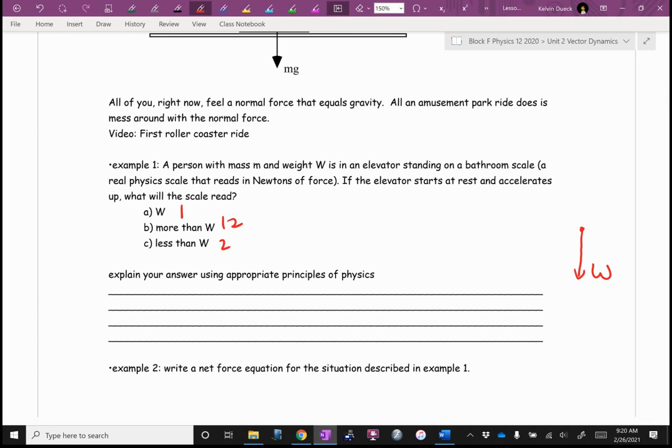Which way must there be an unbalanced bigger force pointing? So I know there has to be an arrow pointing that way. What force is that? Well, it's the floor pushing up on your feet. But what name have we given to the force that's the floor pushing up on your feet?